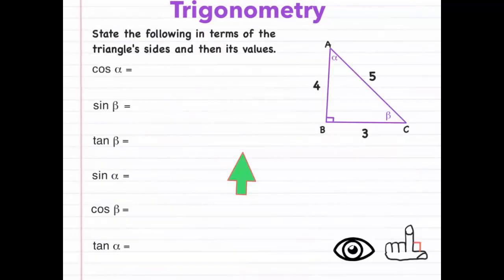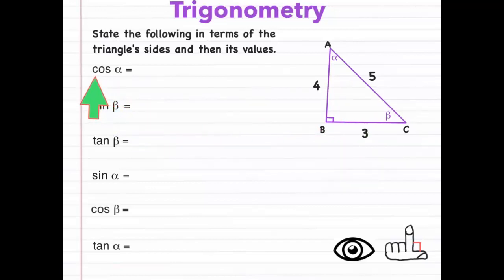Now in this section we are going to practice writing the cosine, the sine and the tangents of angles in terms of the ratio of the sides. So state the following in terms of the triangle sides and then its values. So the first thing I want you to do is line up the sides, tell me which sides get divided by which ones, and then go put in their actual values.